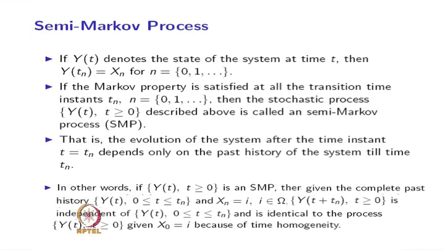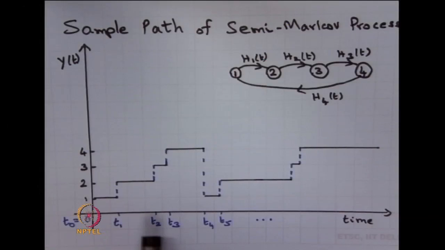Whenever the Markov property is satisfied at the time instants T0, T1, T2, T3, T4 and so on, all the time instants, where the system is moving from one state to another state, then the stochastic process Y(t) is called the semi-Markov process, or in other words it is called the Markov renewal process.